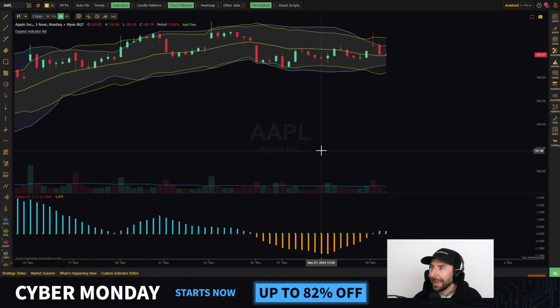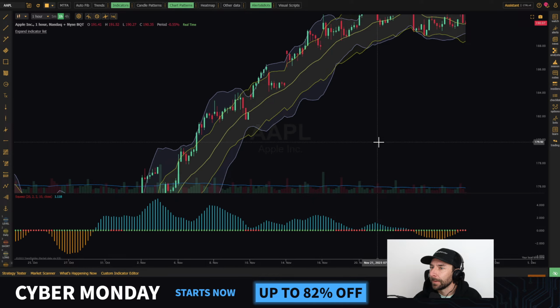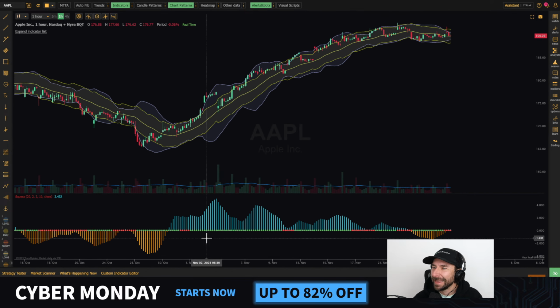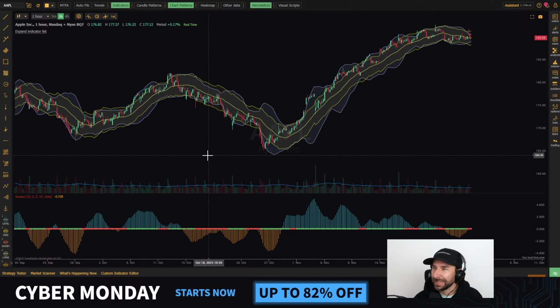Now, as far as these bars, they appear to me to be very much indicative of uptrend, downtrend. When the trend reverses and we're in a downtrend, these bars are below.